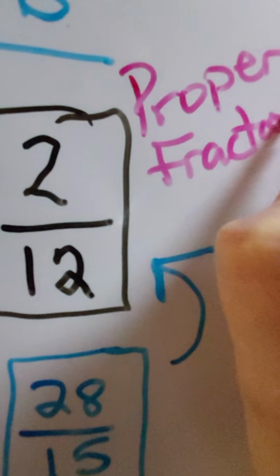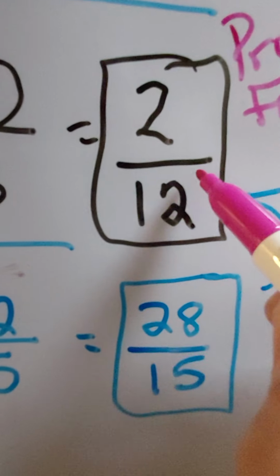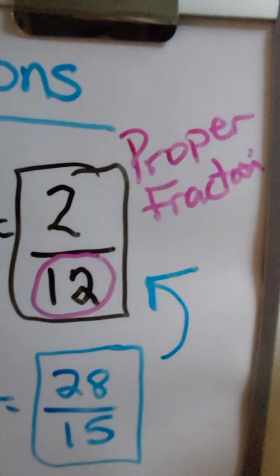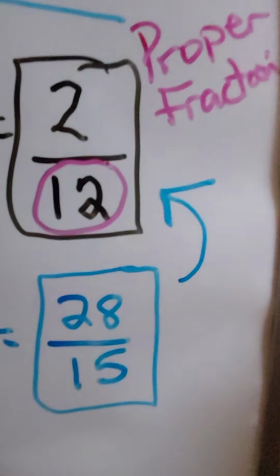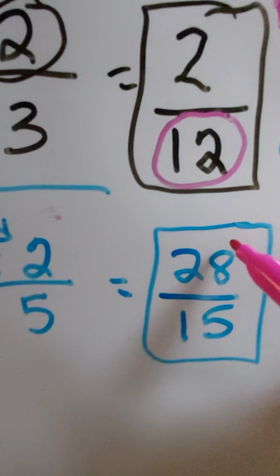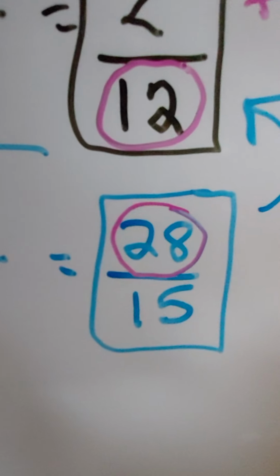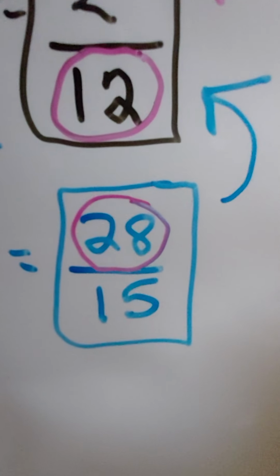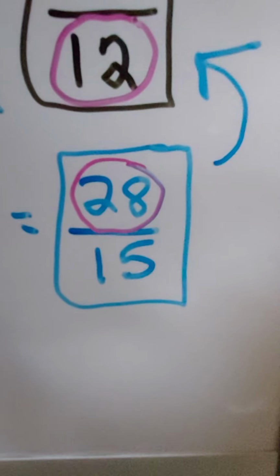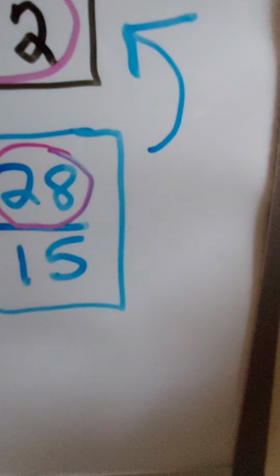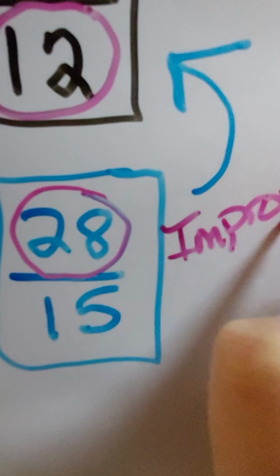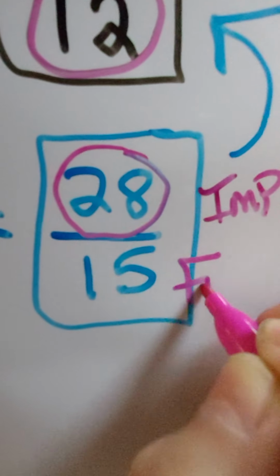You can see that the bottom number, the denominator, is bigger than the top number, and that's called a proper fraction. This one, as you can see, the numerator is bigger than the denominator. Any ideas what this might be called? This one is called an improper fraction.